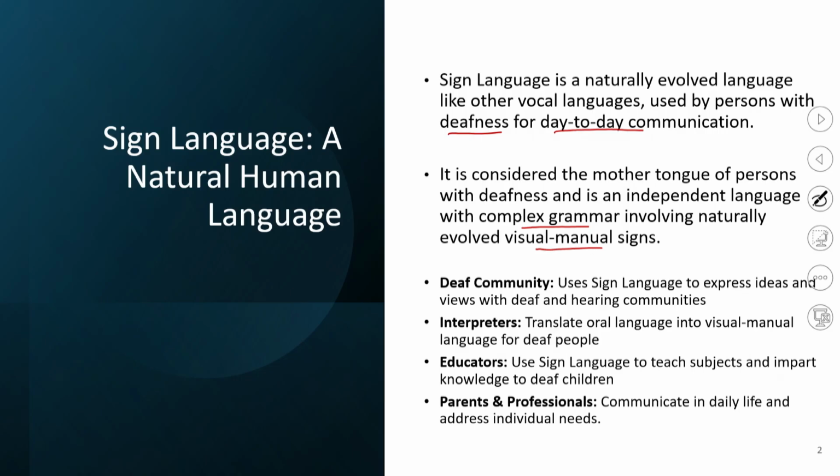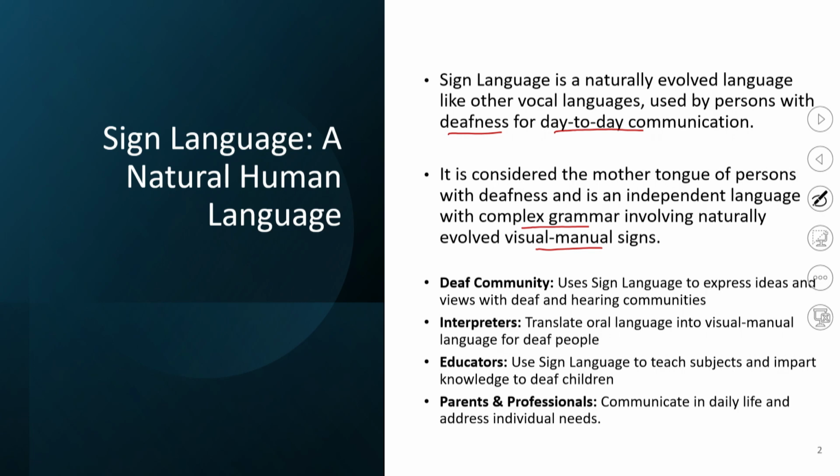So, 2-3 things are points of departure in this. One, it is a natural language just like the vocal language. Second, it is used primarily by deaf persons, but also by those people who communicate with deaf people, and this language has equally complex grammar and other kinds of structural properties just like the natural language.